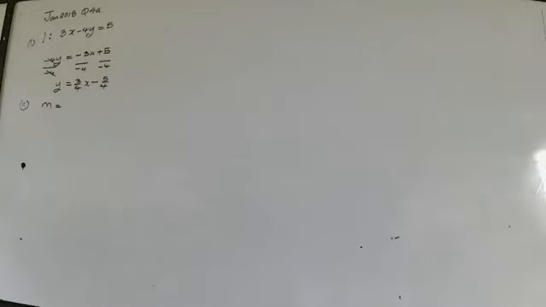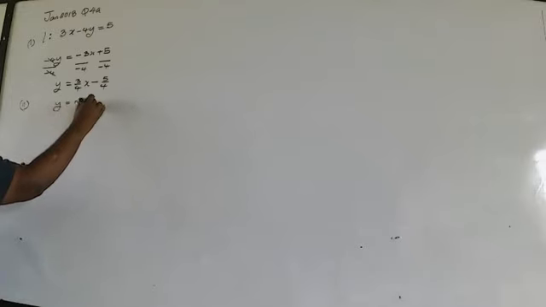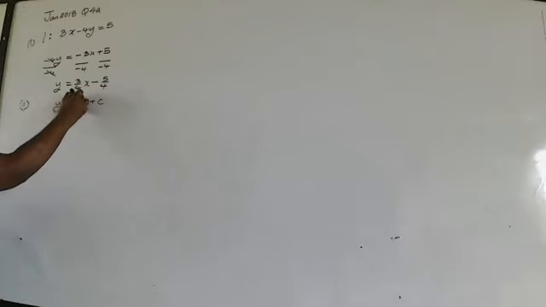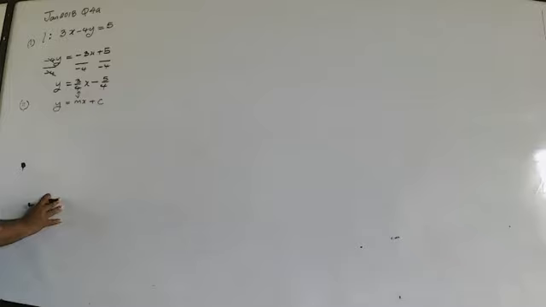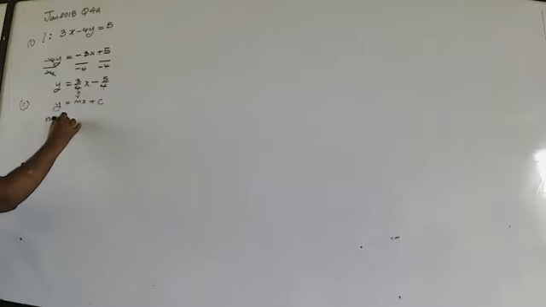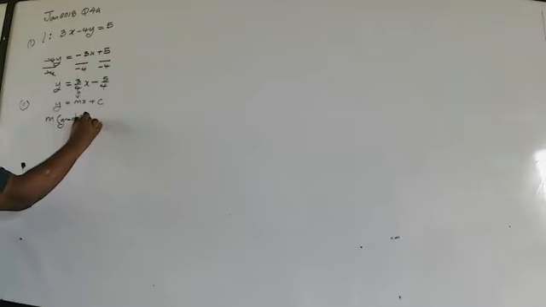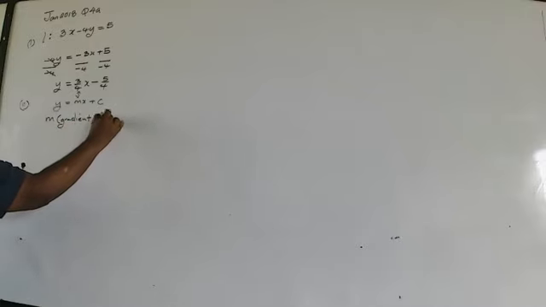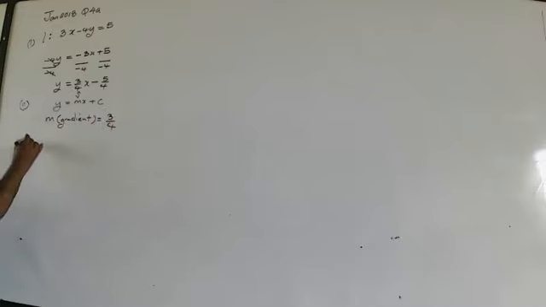Once it's in the form y is equal to mx plus c, m, the number in front of x, is the gradient. The number in front of x is 3/4. So m, the gradient, is equal to 3 over 4. Did you get that? Yes, sir.